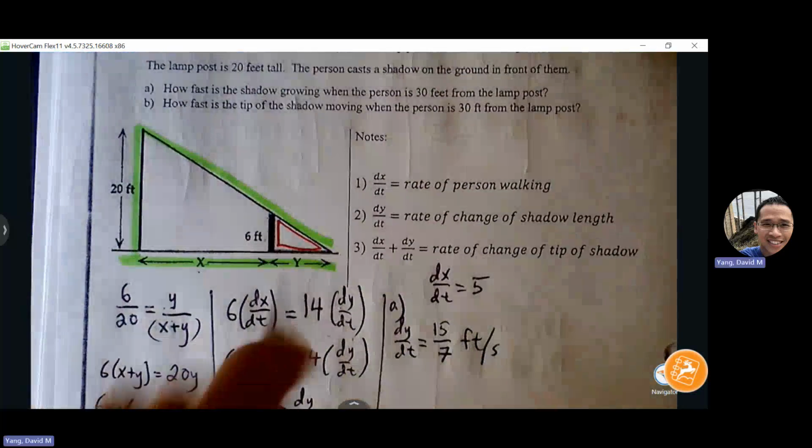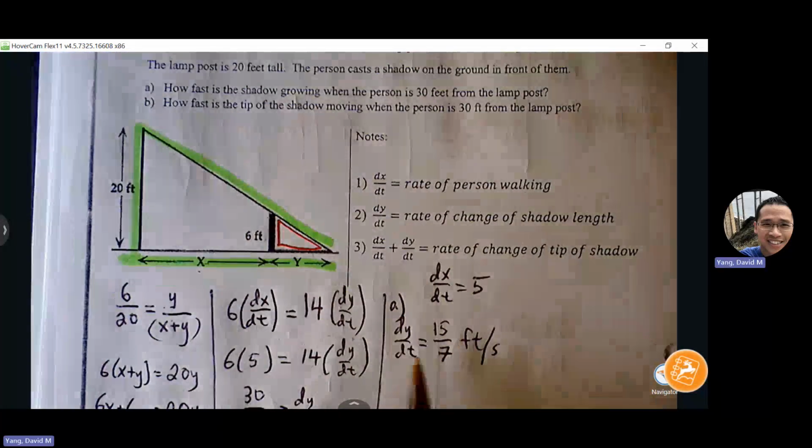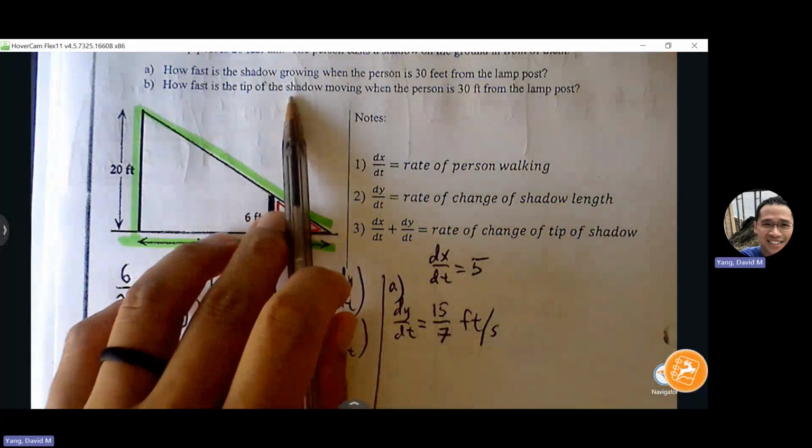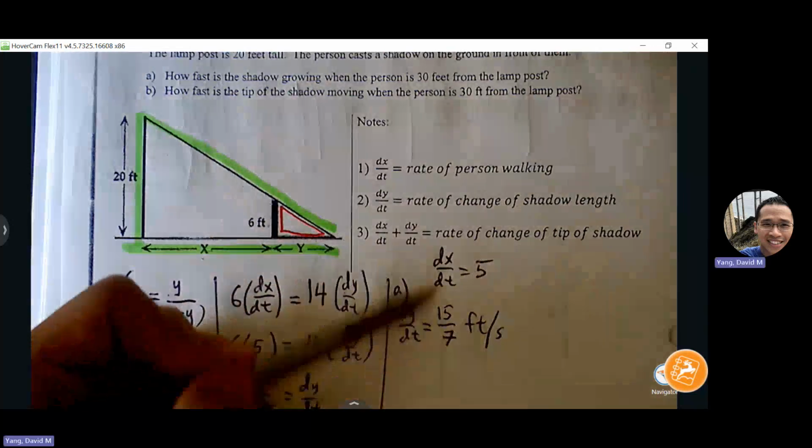Okay, so we found that the shadow is growing at a rate of 15 over 7 feet per second. And then part B, how fast is the tip of the shadow moving? Add the two rates together.